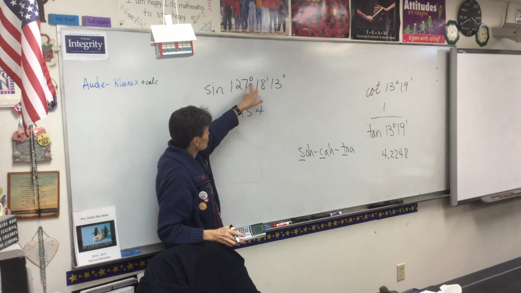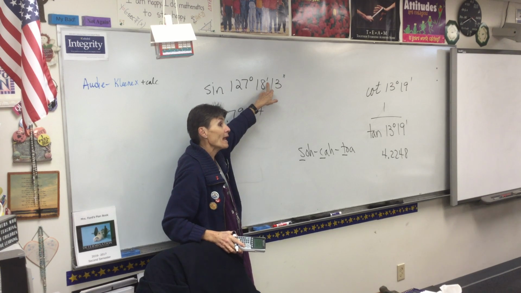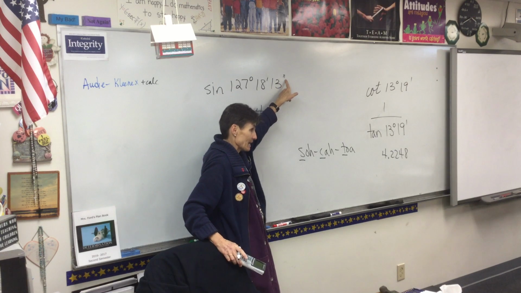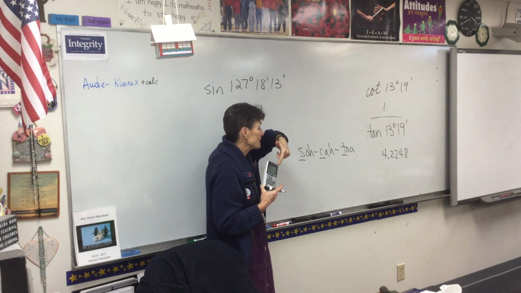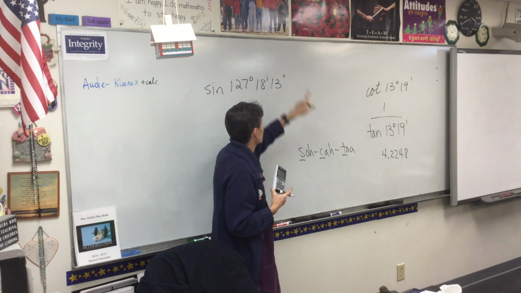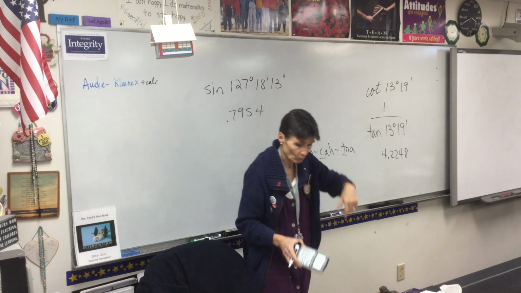So these two buttons, the degree and the minute, are in your angle menu, second apps. But this guy is over above your plus sign in green or whatever color, so you have to alpha plus to get that one. Remember that? We talked about that before Christmas.